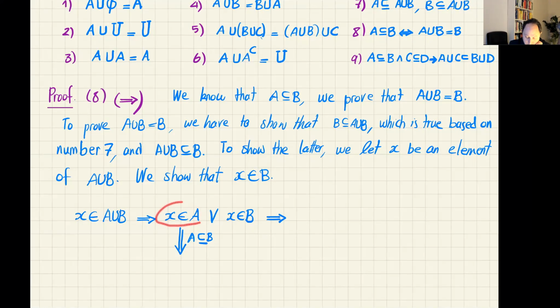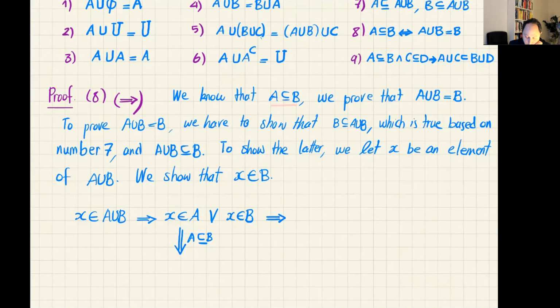If you say that X belongs to A, you are also telling me that A is a subset of B. So here I can conclude that X belongs to B. So if X belongs to B, I am done. If X belongs to A, because of this assumption, again, X belongs to B. So at the end, whatever happens, X belongs to B. And then I am done. Is that understandable?